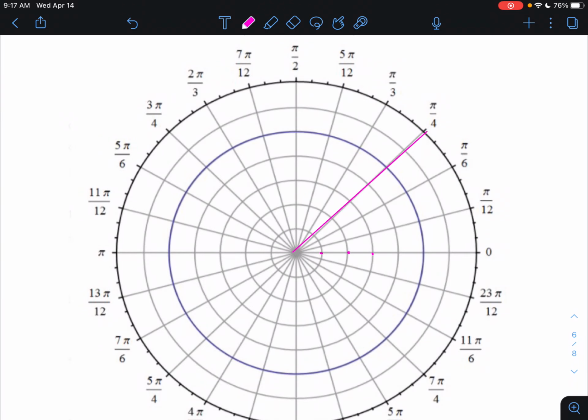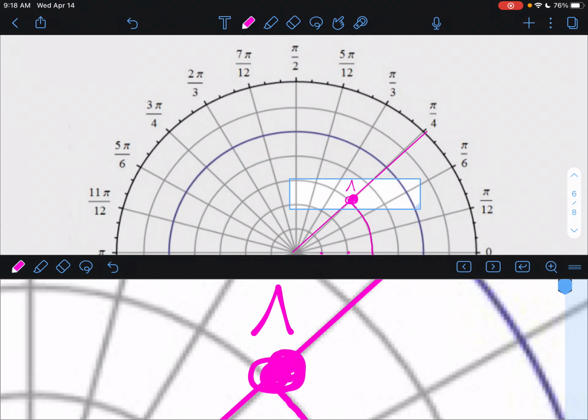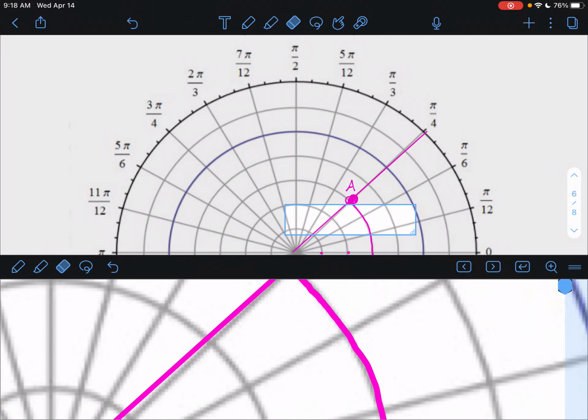So I want to turn to that point, pi over 4. It has a radius of 3. It went out 3 from the center, and I turned it pi over 4 radians. So this is my point, A. I'll erase this.